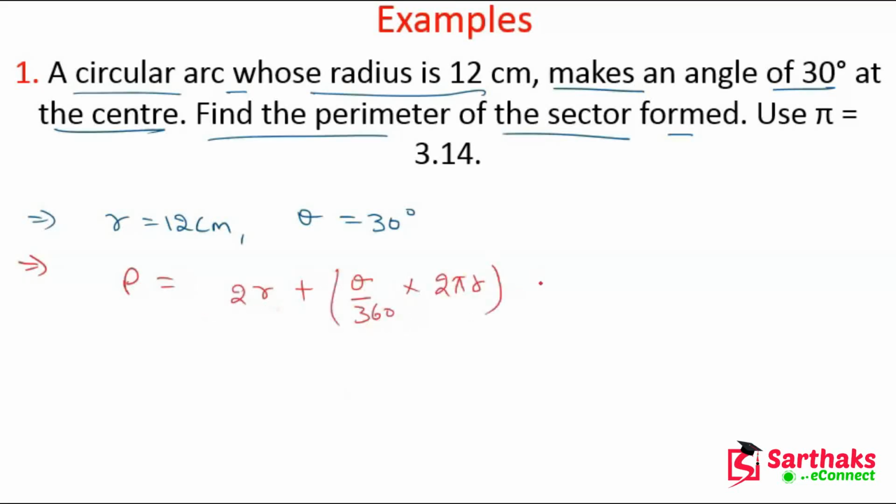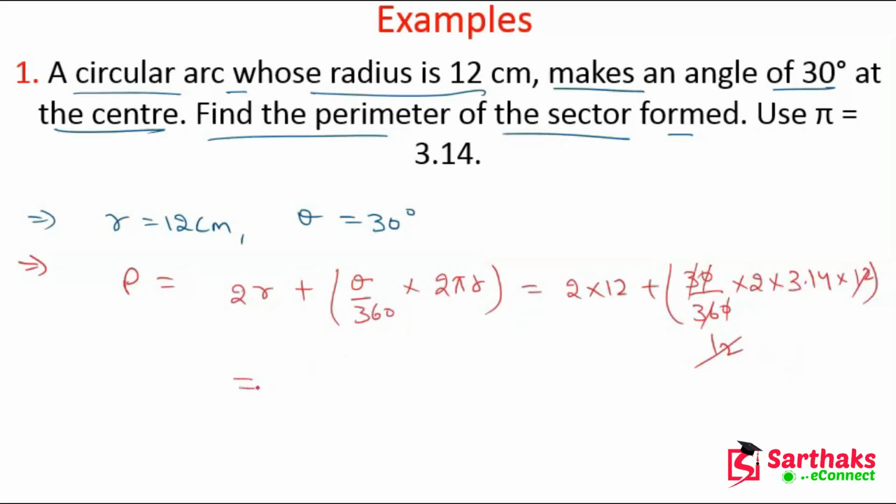So now put the values. We have r is 12, so 2 into 12 plus we have theta which is 30 degree upon 360 into 2 into 3.14 into again 12. Now if we solve this it will become 12 and this 12 will be cancelled.